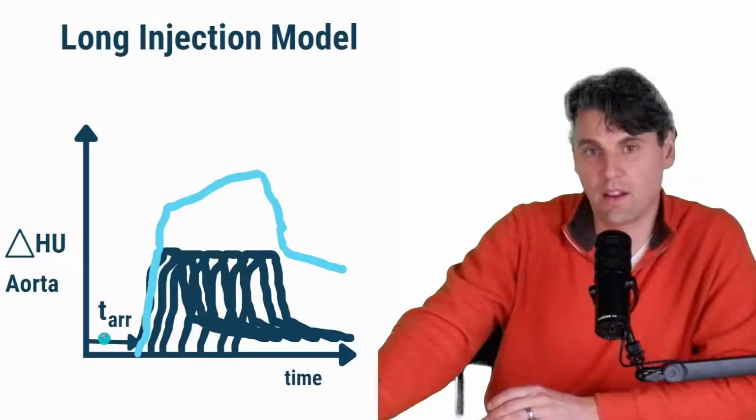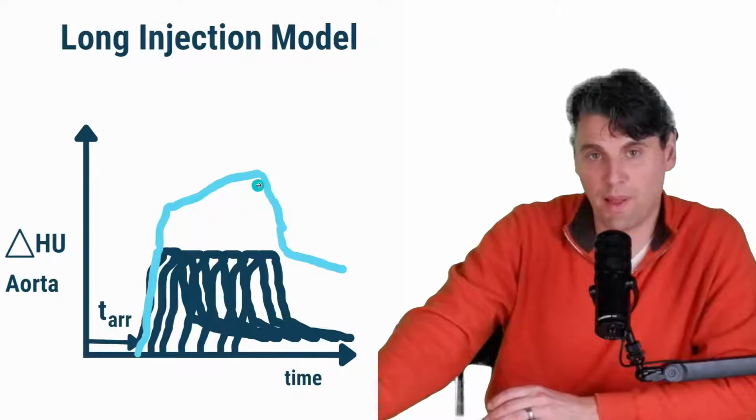The arrival time is going to be the same, but then the contrast is going to go up. So over time, we get a plateau which is going up some, rather than a relatively stationary plateau that goes down quickly, because all of these little components are getting added together.